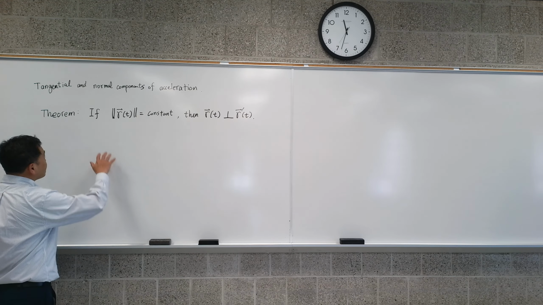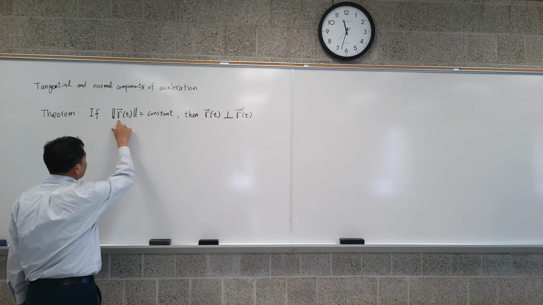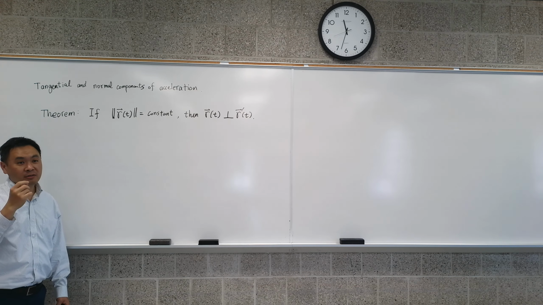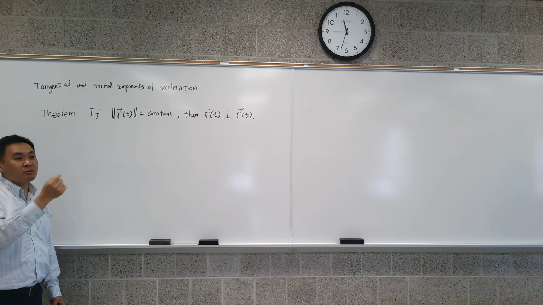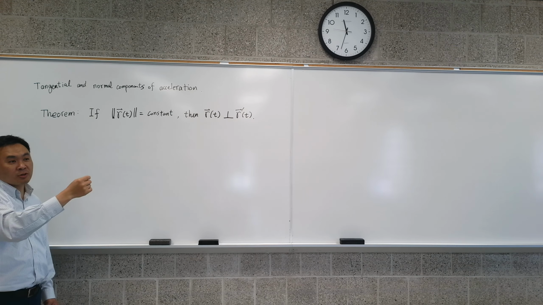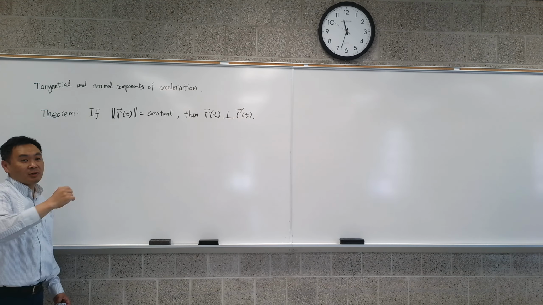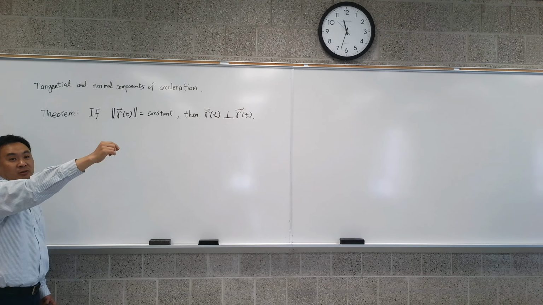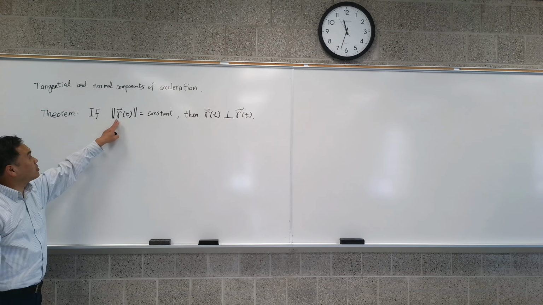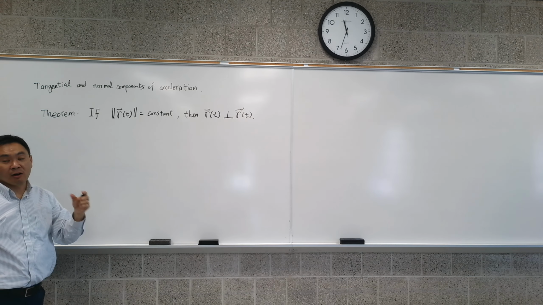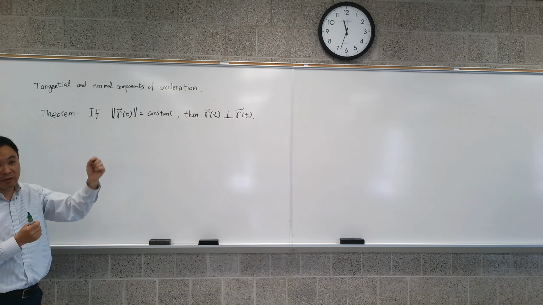So here's a statement. Let's say you have a vector valued function r(t). You have a particle moving in space or in 2D. At each point in time, it resides at some point. So you can think of r(t) as taking a real value and giving you back a position vector.